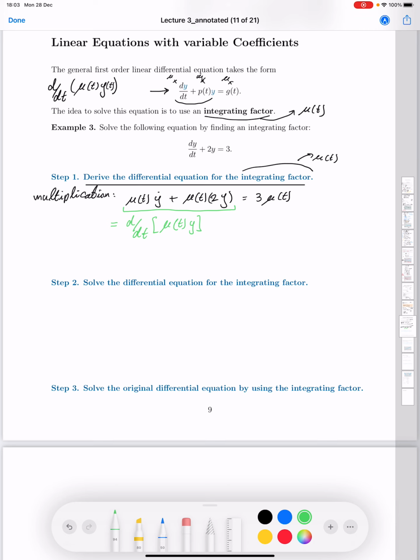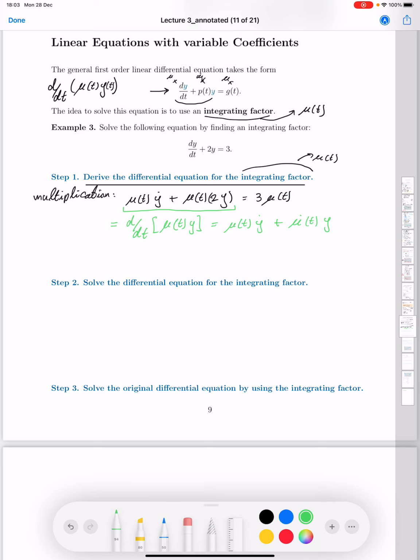And well, what does this look like? It will be first mu of t times the derivative of y, so y dot, then plus the derivative of mu times y.